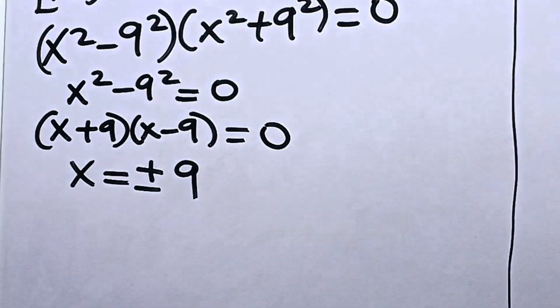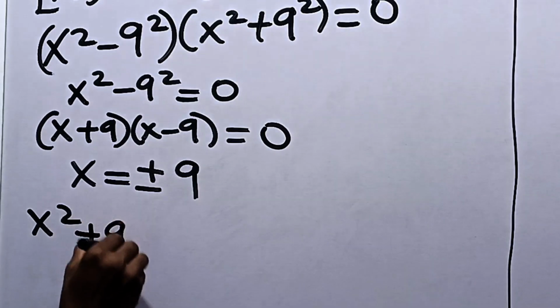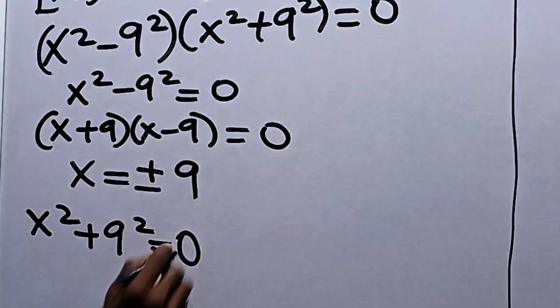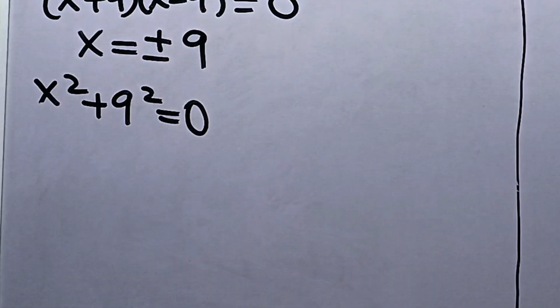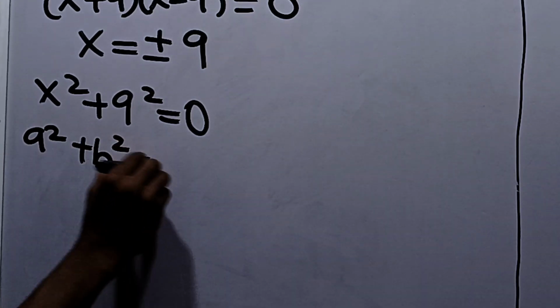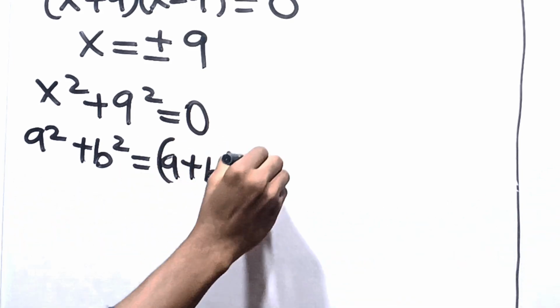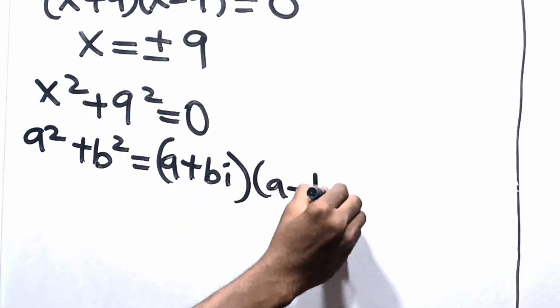For the second one, we have x squared plus 9 squared to be equal to 0. We can use the law of sum of two squares, which states that when we have a squared plus b squared, it's equal to a plus bi multiplied by a minus bi.